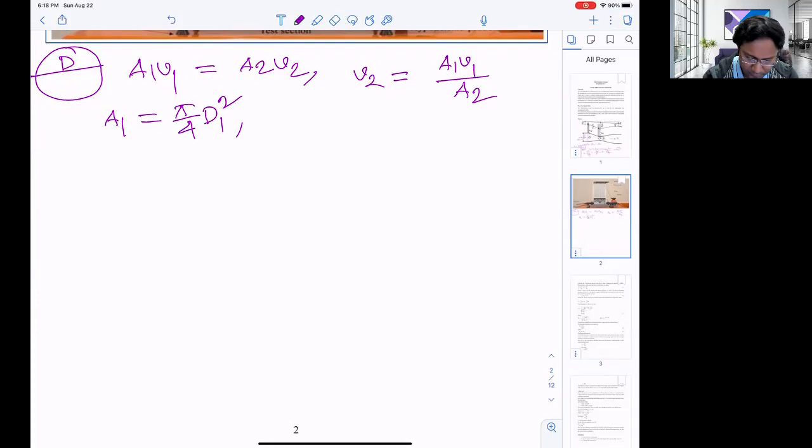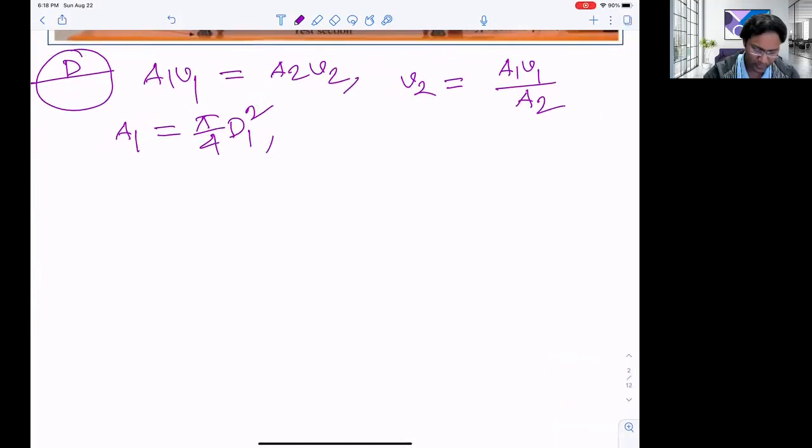And for A2 we can write the equation for the third section, that is the area.